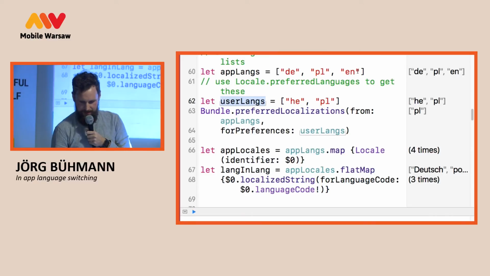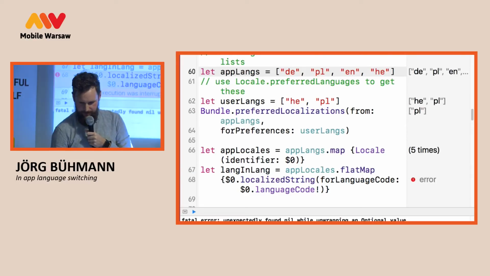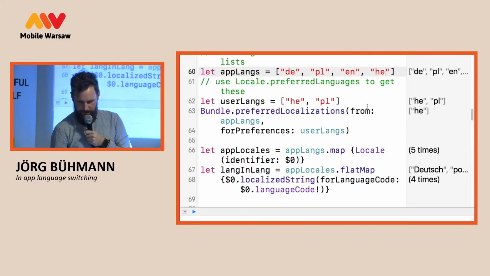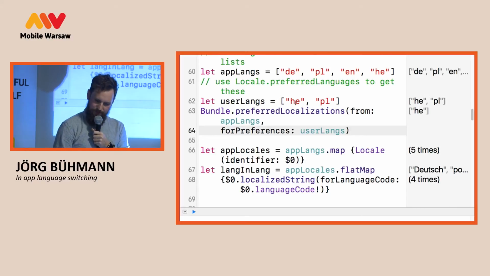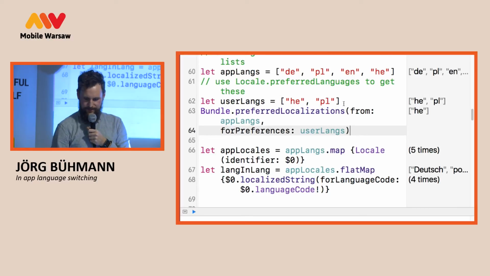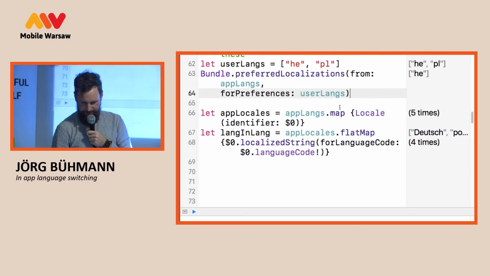If we add Hebrew here too, we get a list of Hebrew, because it's before in the preferences, before the other ones. That's how it works.